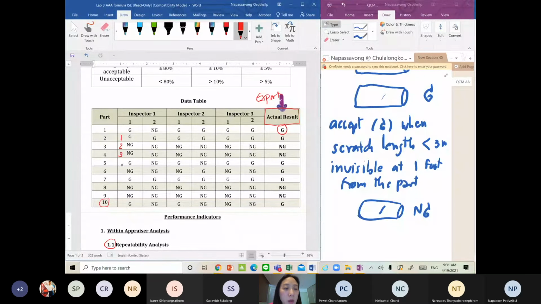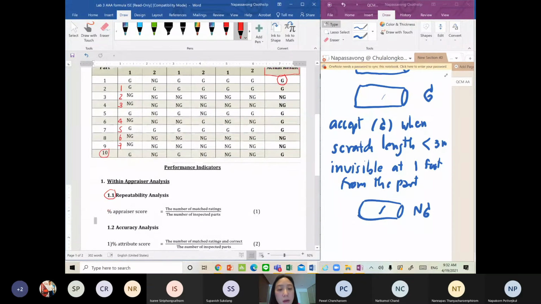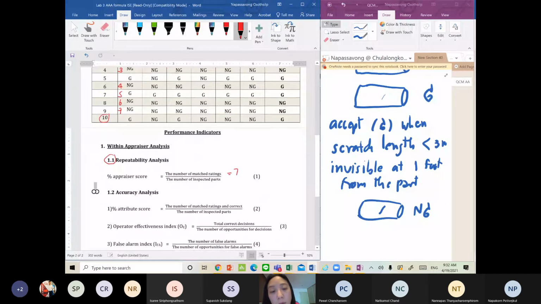Oh, I'm sorry. So this should be 5, 6, 7. There are 7 parts out of 10 where operator 1 gives consistent results, or has good repeatability. So percent appraisal score, or percent repeatability, is 70%.